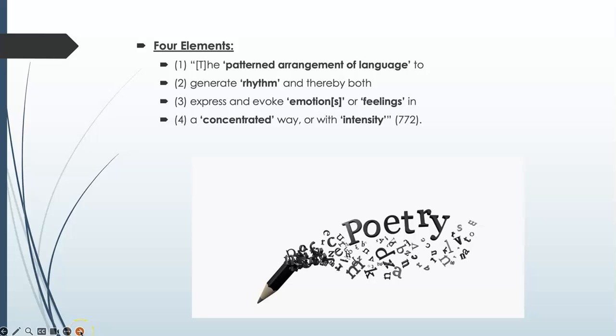Okay, so picking up from where we left off in our last PowerPoint. Just to echo that, there is no one way for poetry to look, right? However, in every poem, no matter what it looks like, what it's about, who it's written by, it always goes back to these four elements.